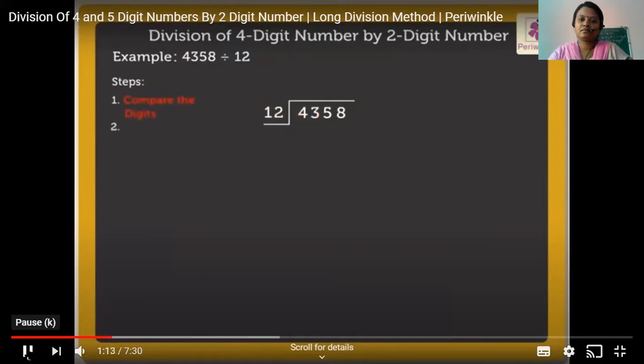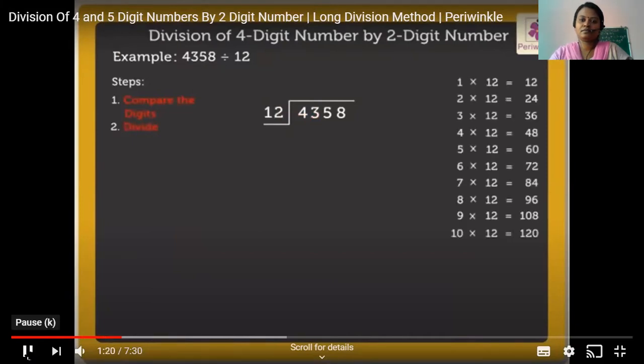So, step 2 is to divide. Here, as the divisor is 12, we use the table of 12 to find a product which is equal to or less than and nearest to 43. So, the nearest product is 36. Hence, we write 3 in the quotient above 3. Step 3 is to multiply 12 by 3.